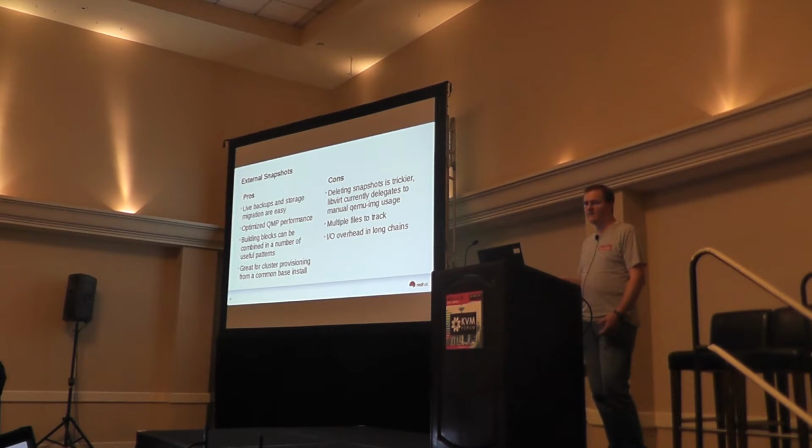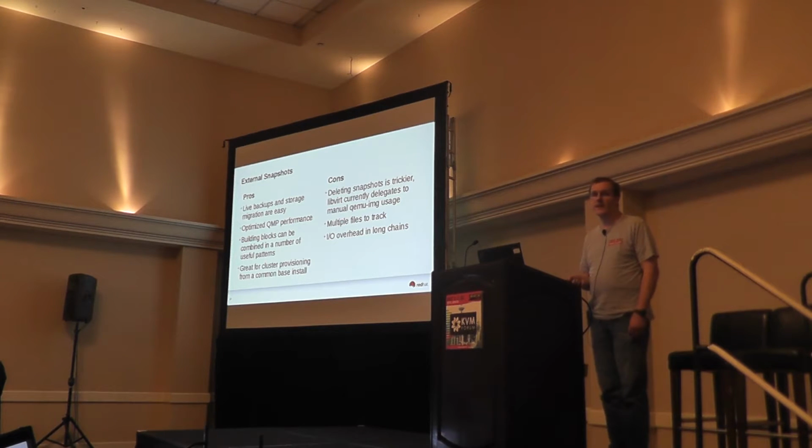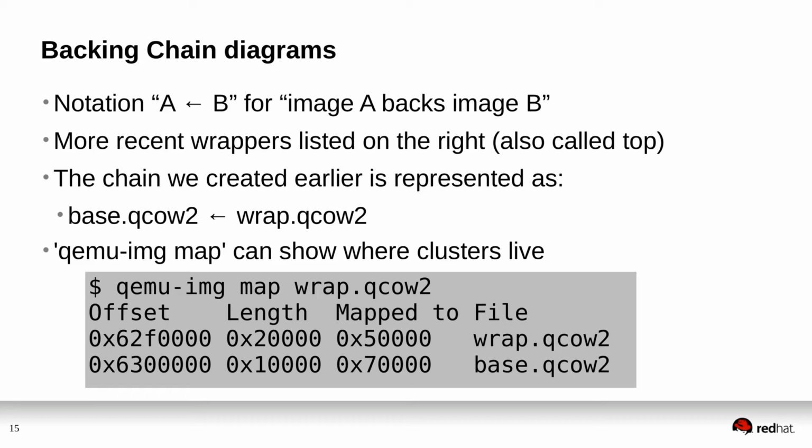And like I said, for every cluster that QEMU reads, you have to find the first file on the backing chain that contains that cluster. If you have a lot of files, that's a lot of I/O the first time through. QEMU does some caching. The caching helps, but there are benefits to having a shorter backing chain. So therefore, we need operations on our backing chain.